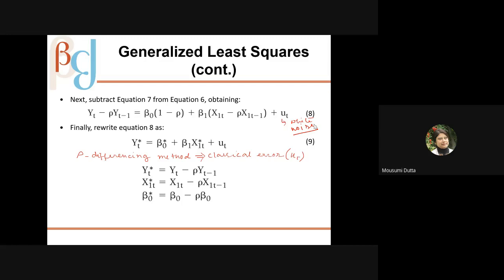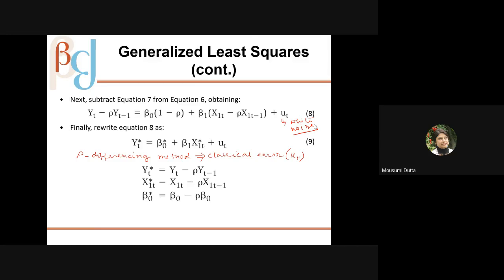So yt star is equal to beta naught star plus beta 1 x1t star plus ut. This is called the rho differencing method. This rho differencing method will give us the best linear unbiased estimators of the parameters of the model.